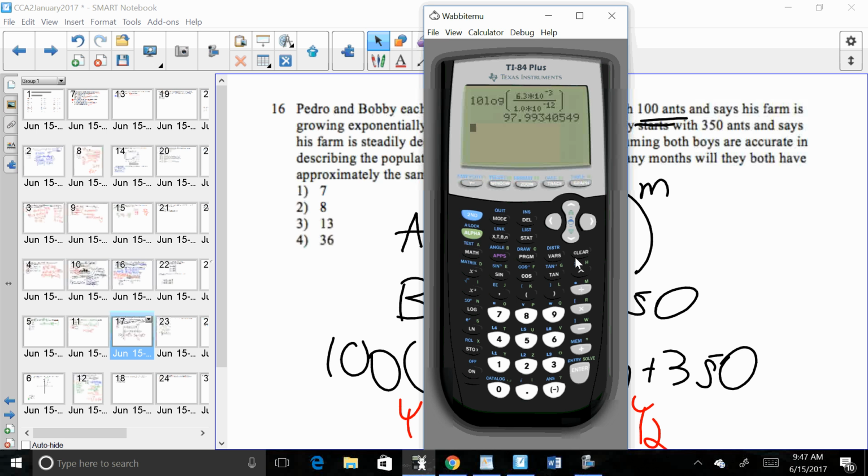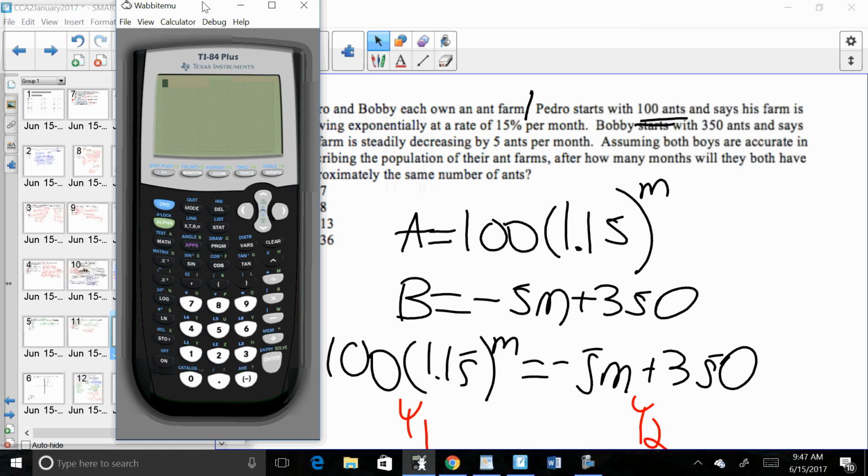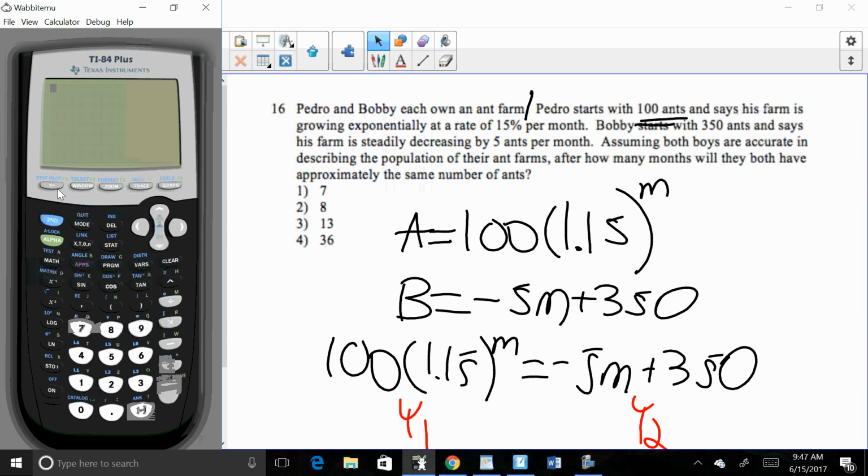Maybe I can actually move it so I can see it. Y1 is 100 times 1.15 to the power of x.